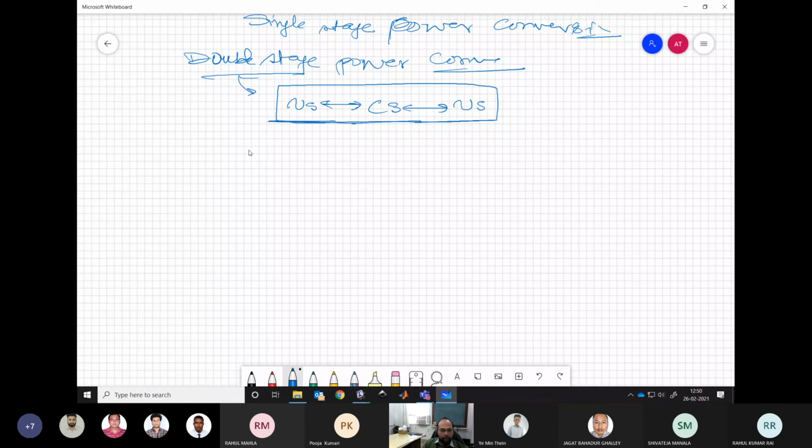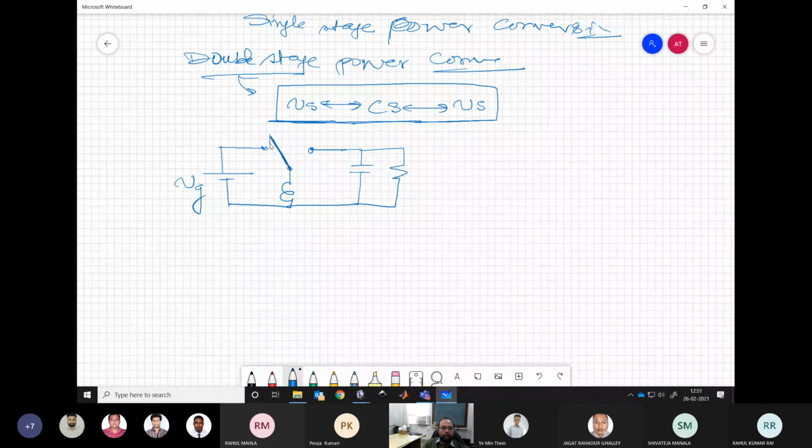Then if you try to think in that manner about this one particular arrangement which I am drawing over here, we have a voltage source having voltage Vg. We have the current stiff element connected in the middle now. So here is the pole.